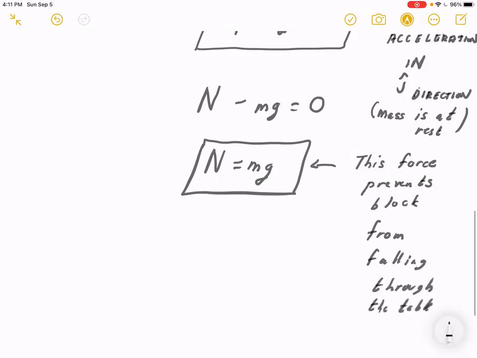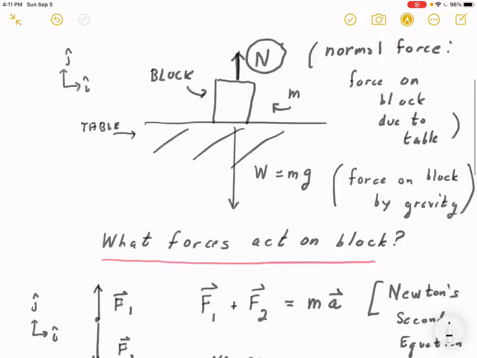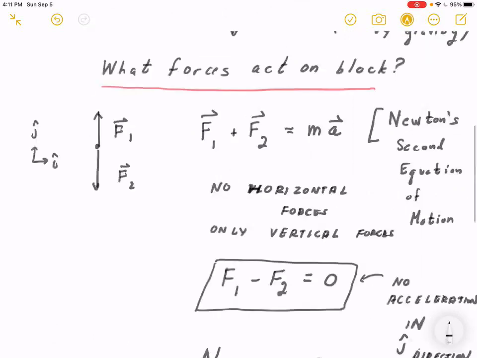So if you just got rid of the table, then in fact, this object would just start falling due to the gravitational field.